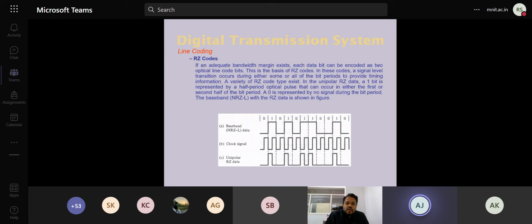Return to zero codes are another format which eliminate the problem of baseline wander which is there in non-return to zero line codes.